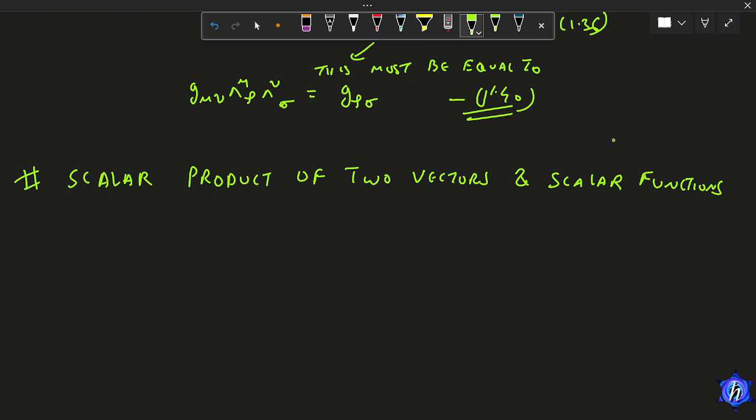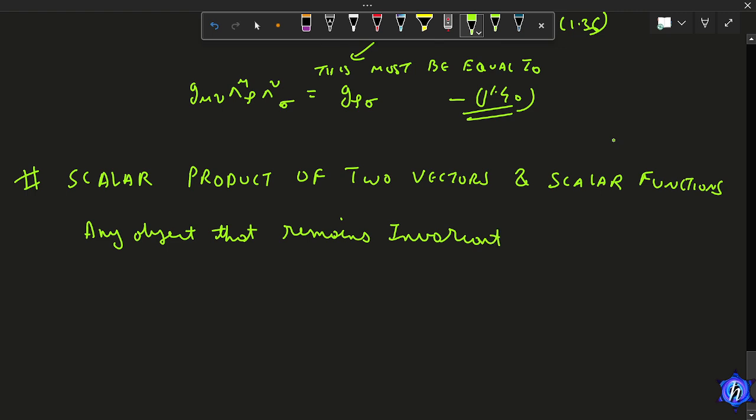In the context of STR, what I mean is any object that remains invariant, like x mu upstairs times x mu downstairs, is a scalar quantity.